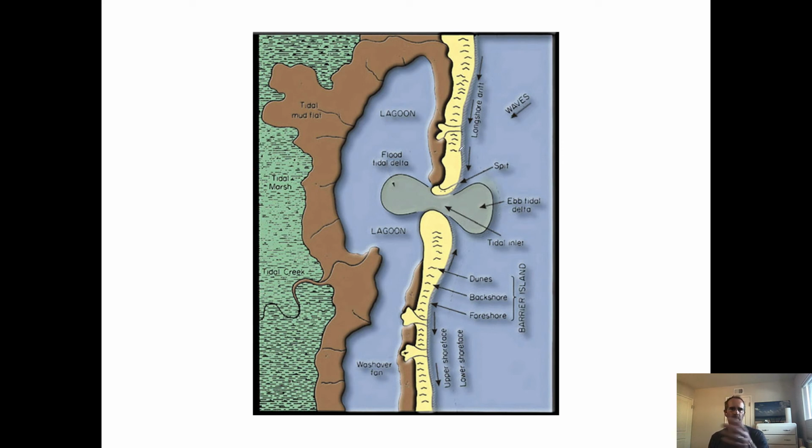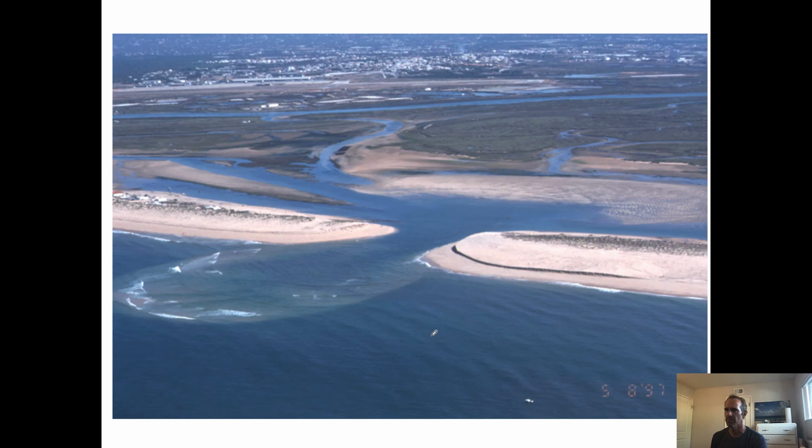The sand is moving up and down. These inlets sort of form in big storms, and then they'll seal up with sand as it gets brought up or down the coast. The next big storm will bust a whole new inlet somewhere else. So they're constantly changing. And the fact that people have now built on these barrier islands means that there's a lot of engineering that needs to go on to try to preserve those houses. Otherwise, they'll get destroyed, but they're trying to preserve them as long as they can as sea level comes up.